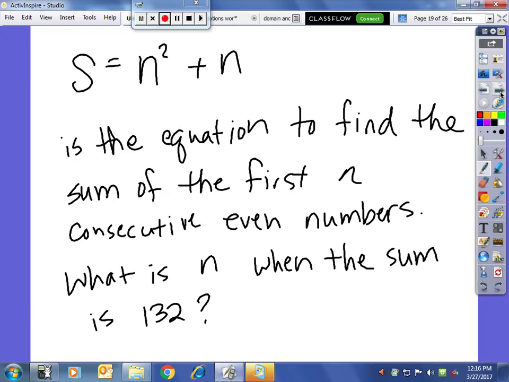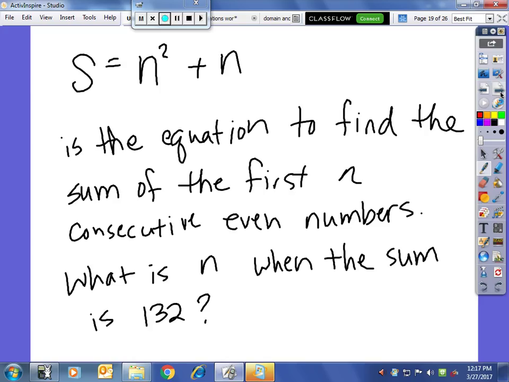Okay, this question. Now, I don't remember if this was a fill in the blank or a multiple choice. If it was a multiple choice, I wouldn't be worried about this one at all, because you would just take the answer choices and plug them in until you get the right answer.